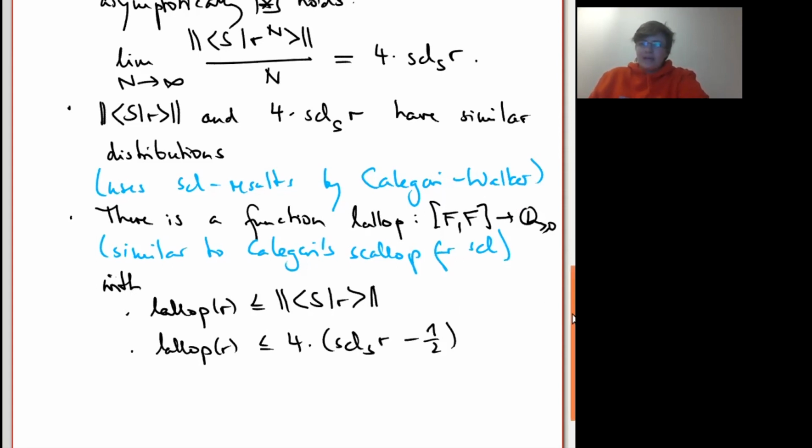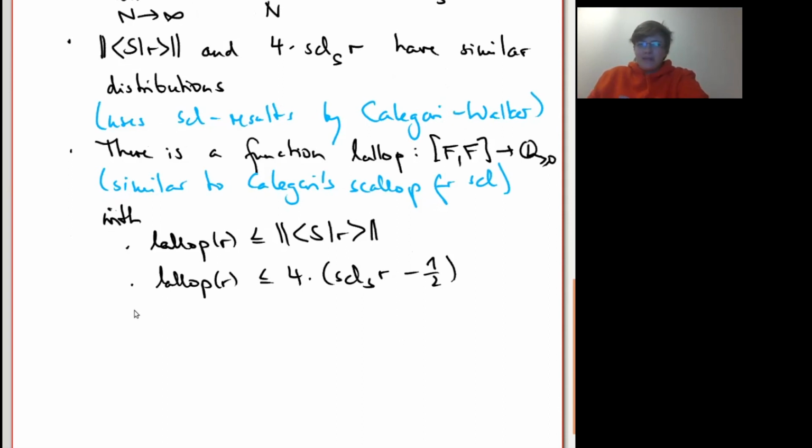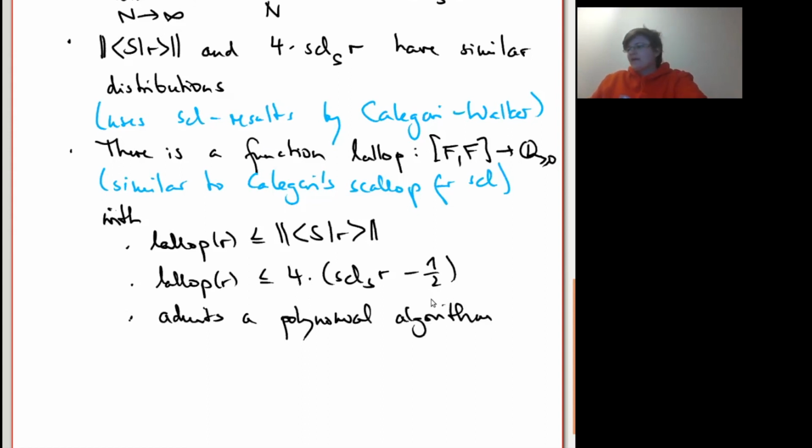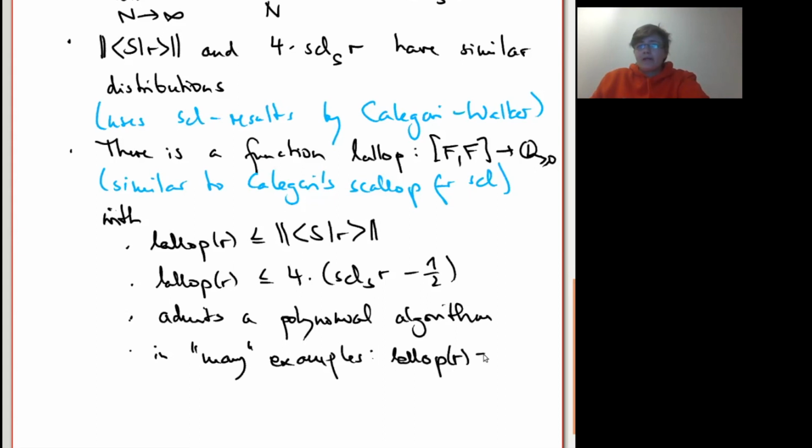And this is not spectacular, but it admits a polynomial algorithm for its computation, again in the length of the relator. And in many examples, we really have equality. We have that lalop of R really is the same as the simplicial volume.